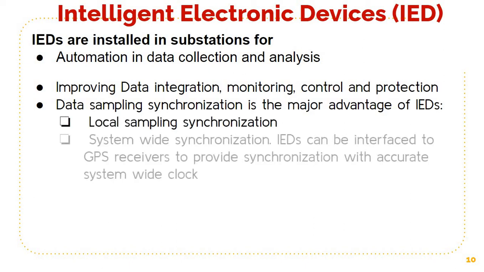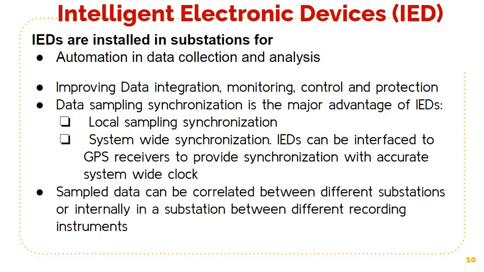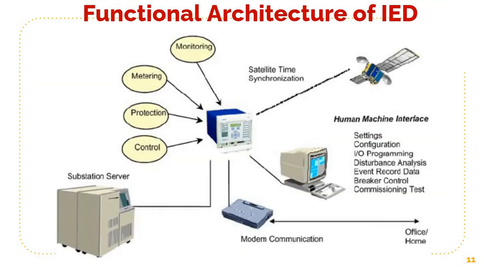Local sampling synchronization and system-wide synchronization, both are possible. IEDs can be interfaced to GPS receivers to provide synchronization with an accurate system-wide clock. Sample data can be correlated between different substations or internally in a substation between different recording instruments. So all this makes IEDs more attractive.